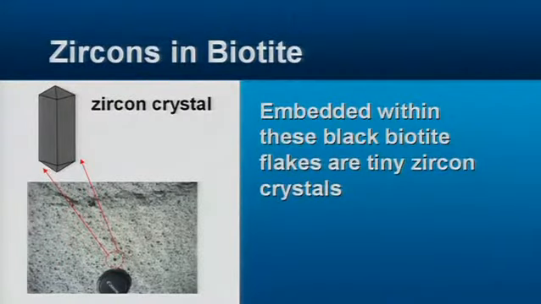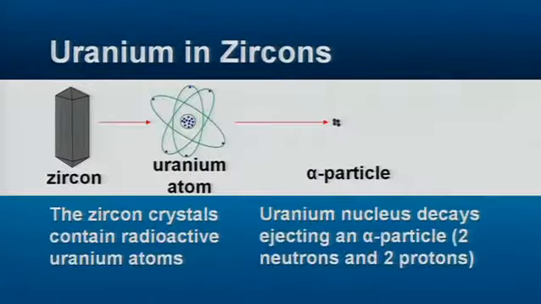So, in these biotite flakes, we have embedded zircon crystals. Zircon crystallises early in the cooling history of a granite, and I'll show you a diagram about that a little later on. And so the biotite crystal grows around it, and so the zircon crystal is embedded inside the black mica mineral.